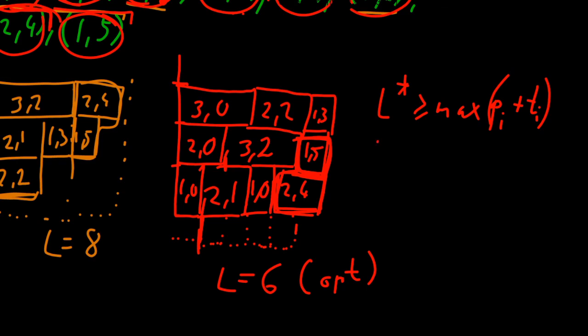And of course it's also true that the optimal value is at least the sum of all the processing times divided by m, because this is a schedule. In this case I'm not sure what it is, but it's 6, of course. Yeah, it's again 6, and this is again 6. But this is only a general lower bound which holds for all possible inputs.